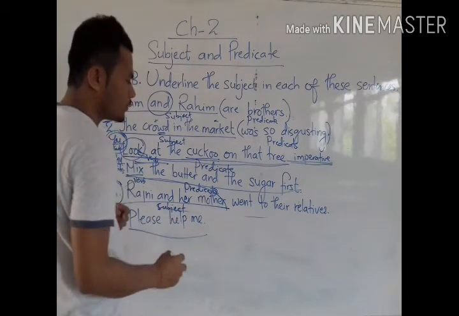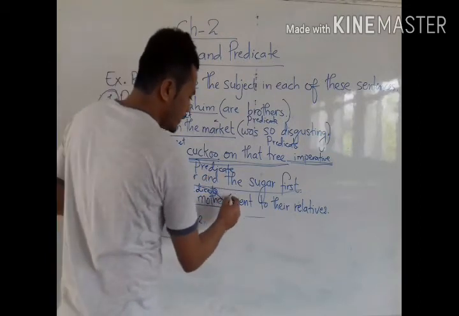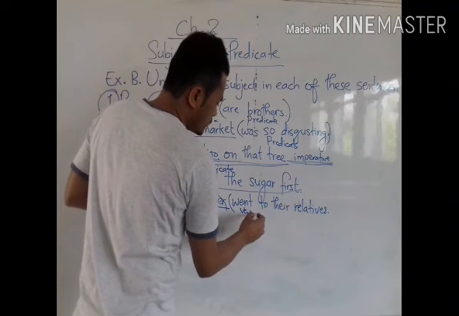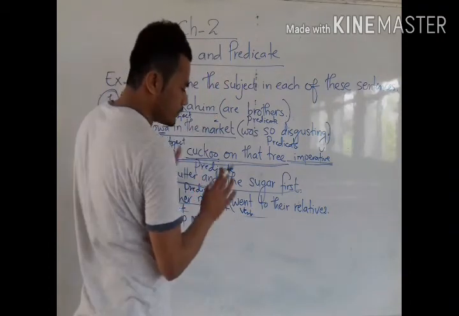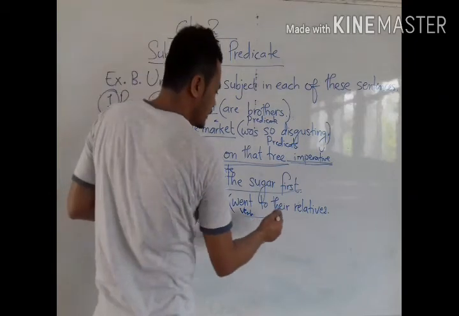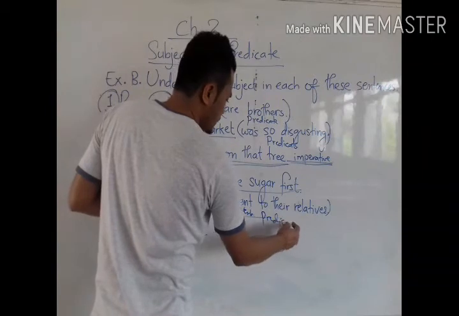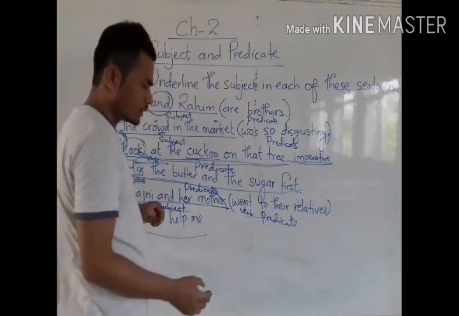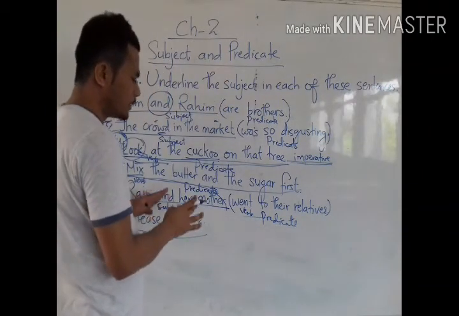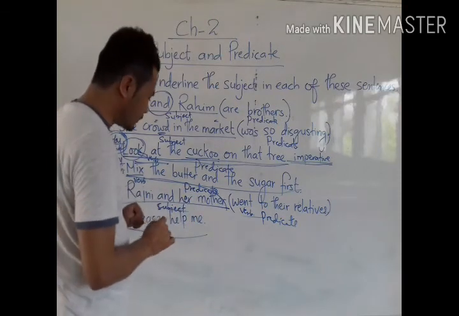What is told about Rajni and her mother? Went to their relatives. Here went is the verb. In case of an assertive sentence, when we find the verb, the rest of the words after the verb is predicate. So here the subject is a compound subject.